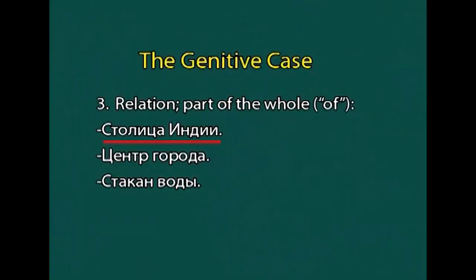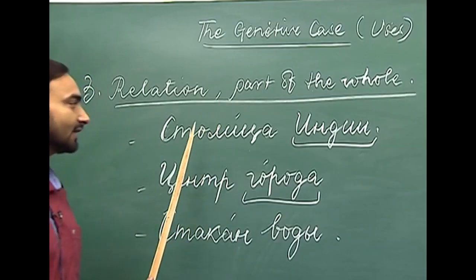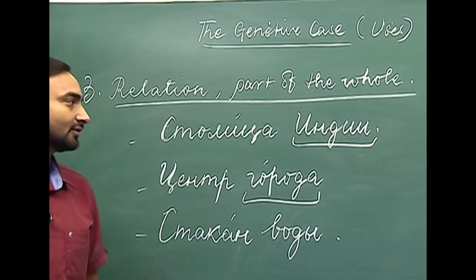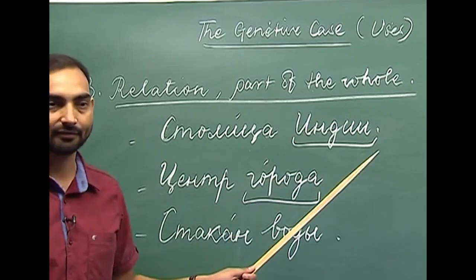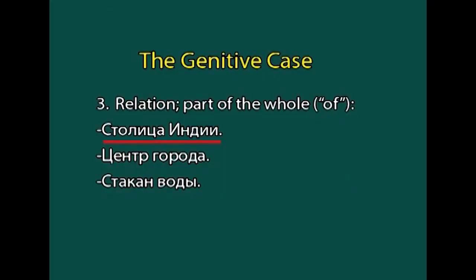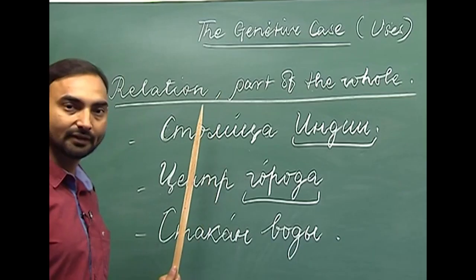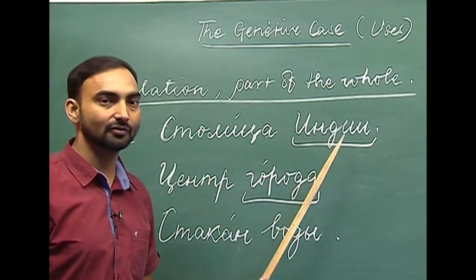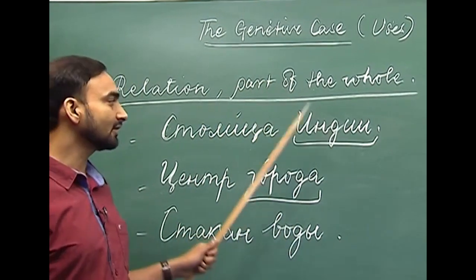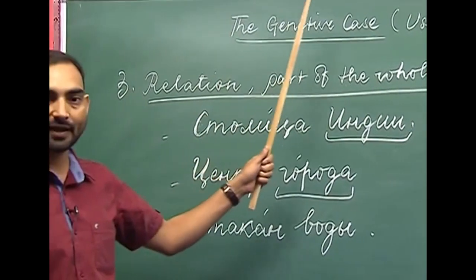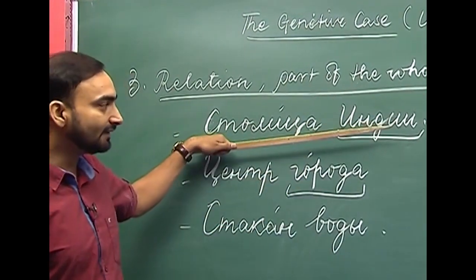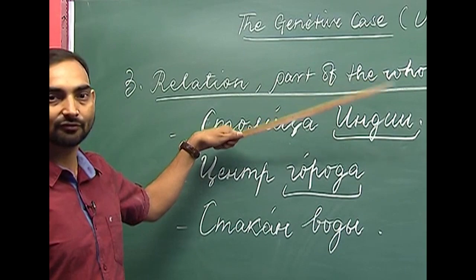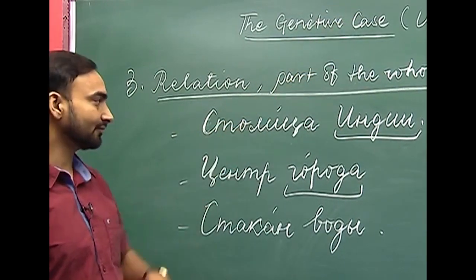For example, "Stalitsa Indii", Stalitsa is the capital of India. Here, as you can see, there is a relation between this noun and this noun. To show the relation, we have used the genitive case of the noun. So, here India is in the form of the genitive case.